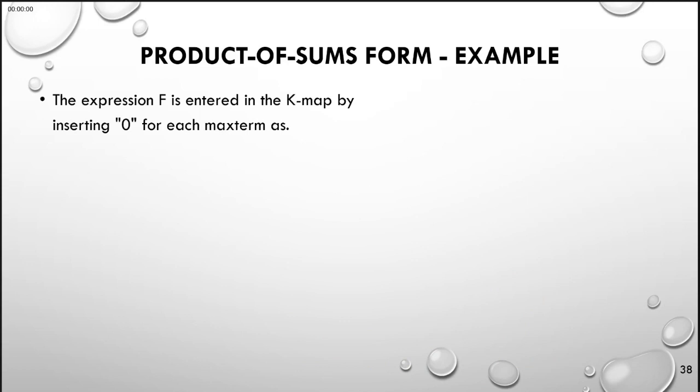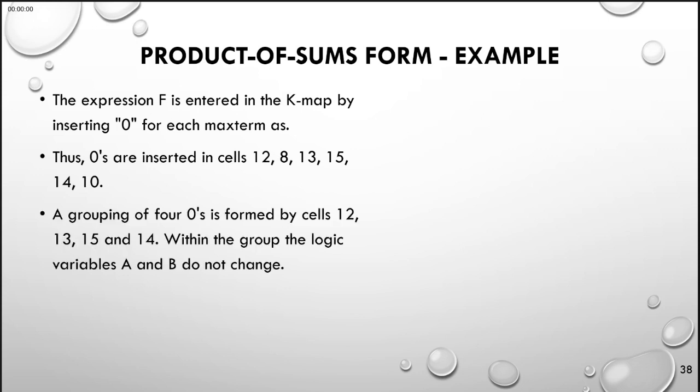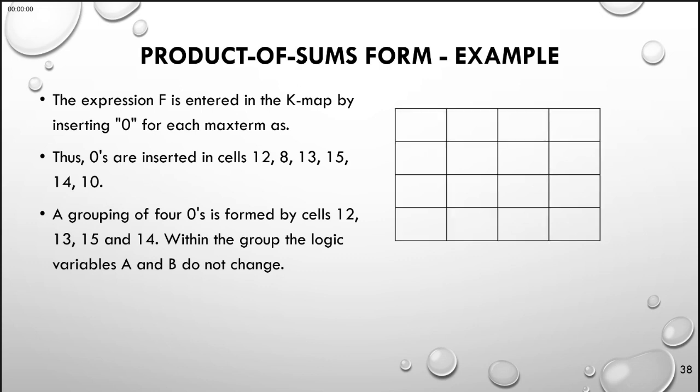We see that the expression F is entered in the K-map by inserting 0 for each max term that I have mentioned before, and thus zeros are inserted in the 12, 8, 13, 15, 14, and 10 as I have already illustrated. So we look for the groups of zeros that are formed, and then we identify what those groups represent.